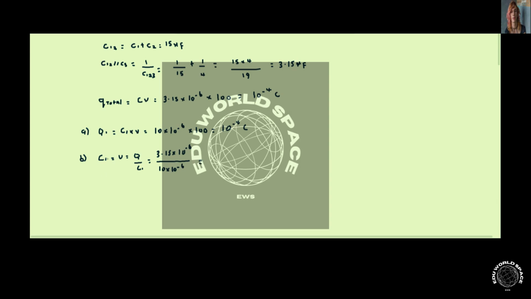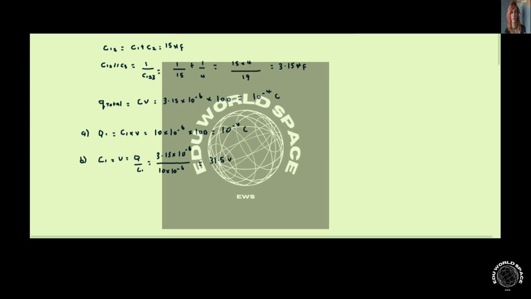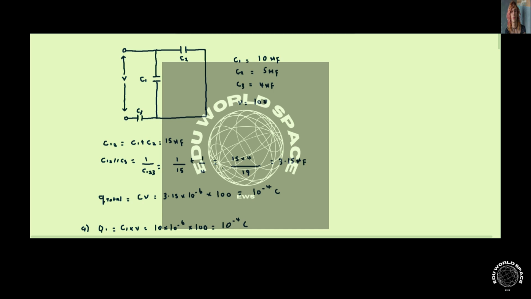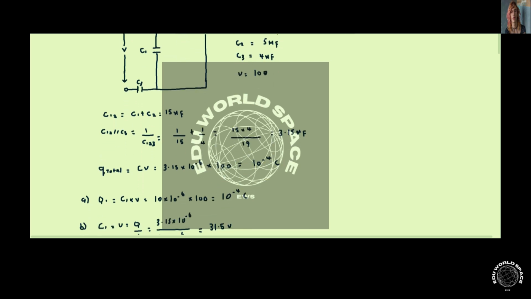Put that into your calculator, you have 31.5 volts. So that's the potential difference across C1. That's it.